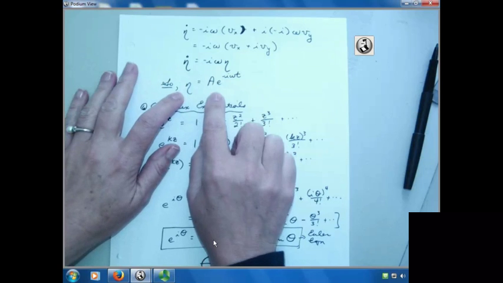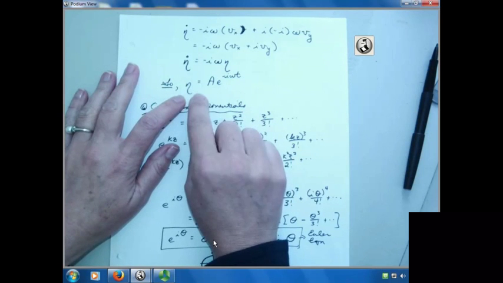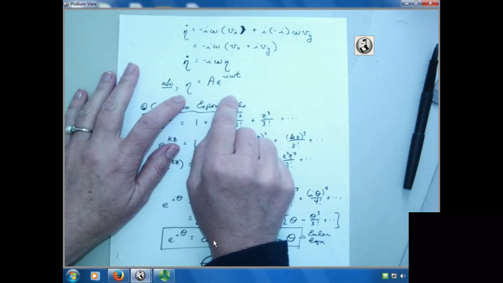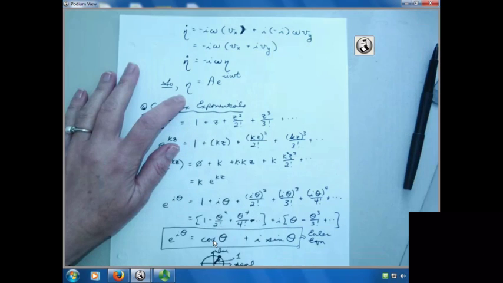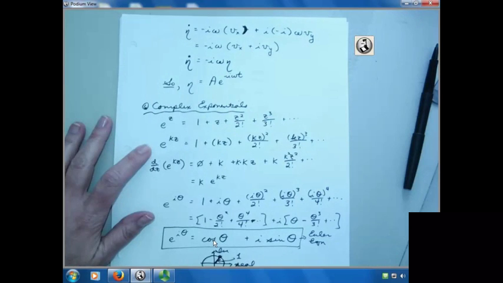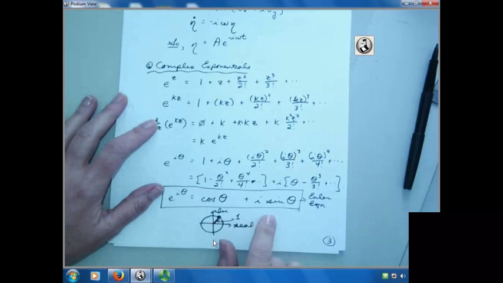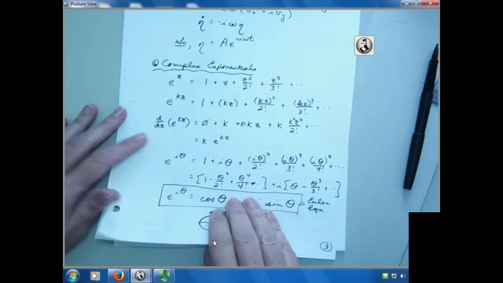And when we see that expression, we say, oh, this eta function must be an exponential in time whose exponent is minus i omega t, because that's what comes out front when we do a time derivative. Then we talked a little more about exponential functions. All right, so we're coming back here.